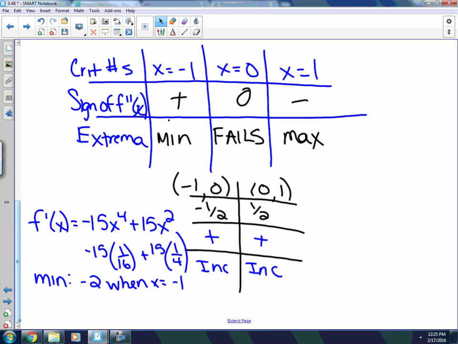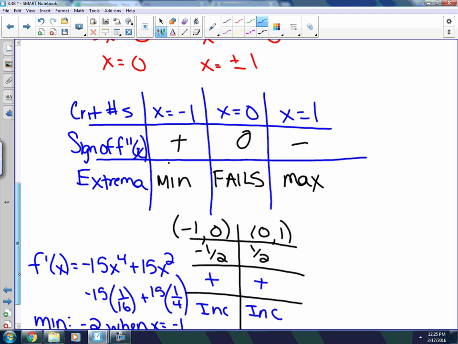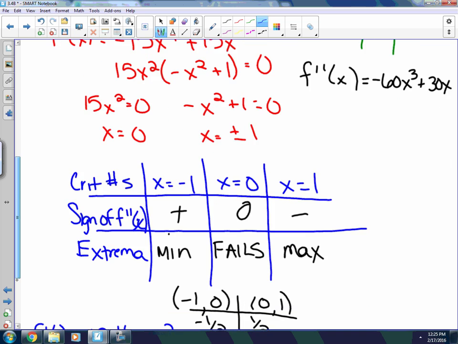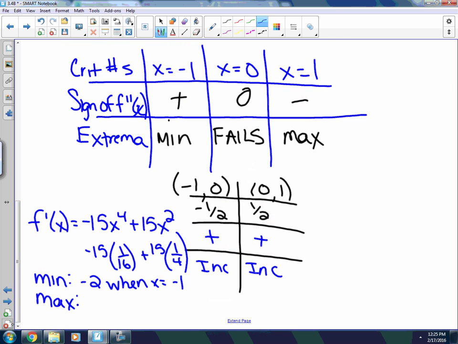And then my max, I'm going to plug a 1 in there. What value do I get in the original when I plug a 1? 2. So my max is 2 when x equals 1. And there's my answer to that question.